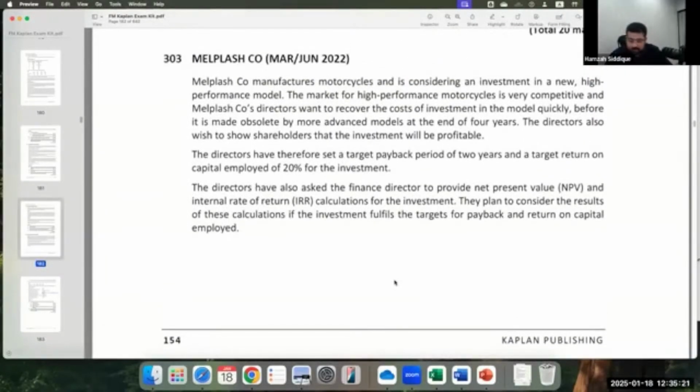So please read it once. How much time do we have before the end of class?